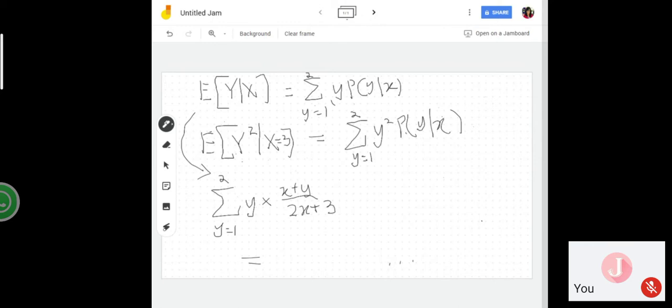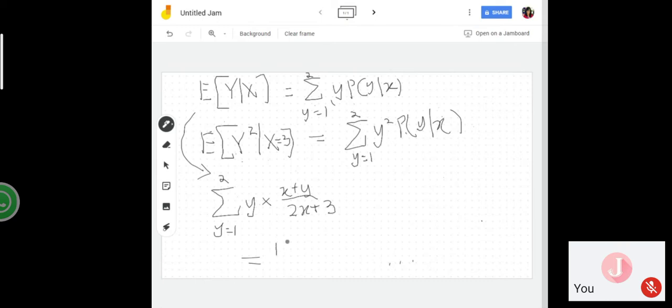Y, you just substitute the value. Can you all get? So the first one will be y is 1.